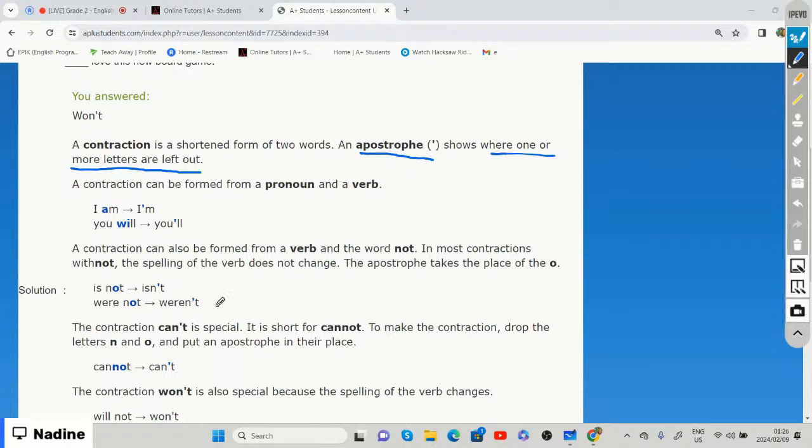And we say that we can use a contraction that is formed with a pronoun as well as a verb. And then we have an example, which is I am or you will.